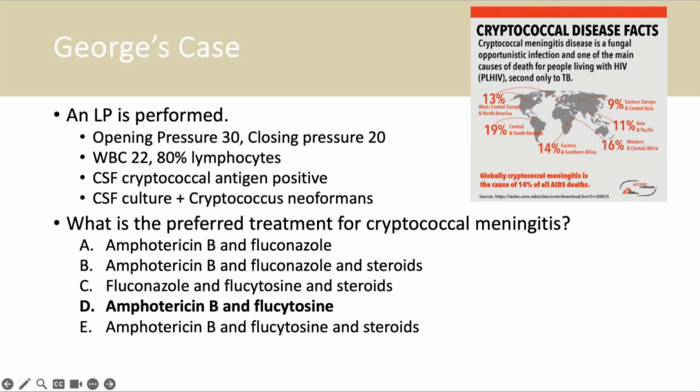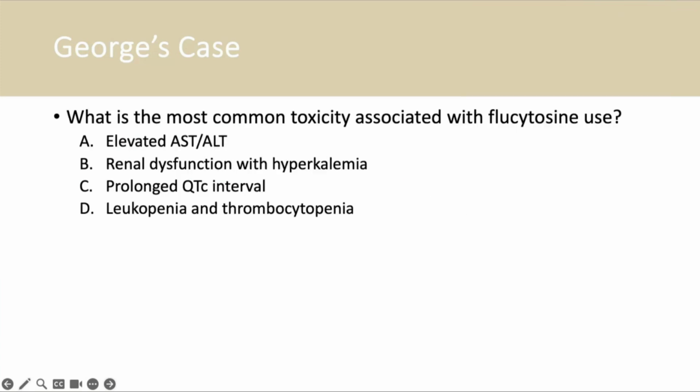So cryptococcal meningitis is a really common cause of death for people living with HIV worldwide. And it's better studied than many of our opportunistic infections. So I'm going to show you the key findings of some of the major trials related to cryptococcal management. I'm not going to ask you this, but the main toxicity associated with flucytosine that you'll be monitoring for is leukopenia and thrombocytopenia.